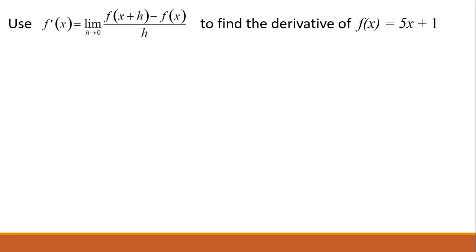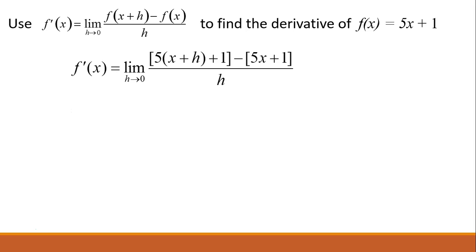And let's find the derivative of this function, f of x equals 5x plus 1. So we're going to have to substitute x plus h into our function to find f of x plus h. And then f of x is 5x plus 1.